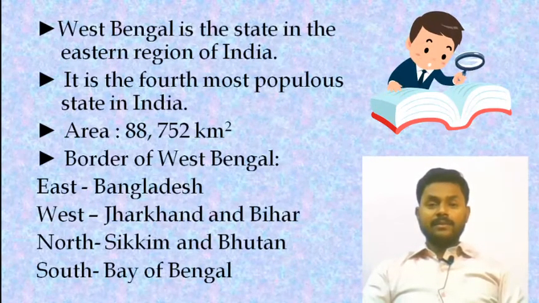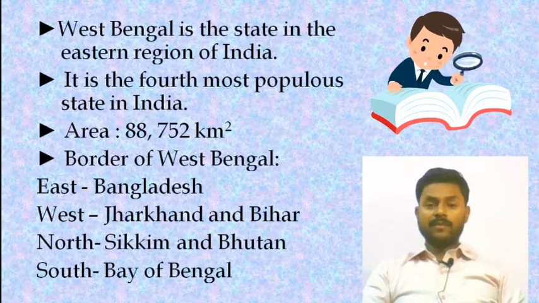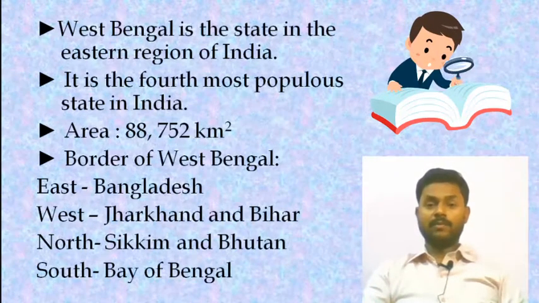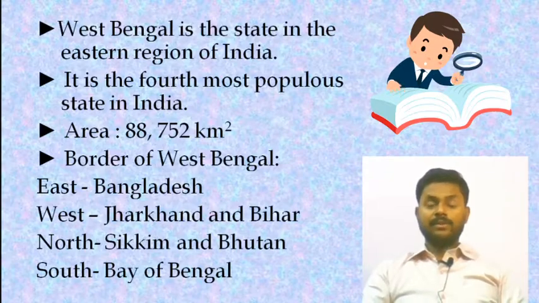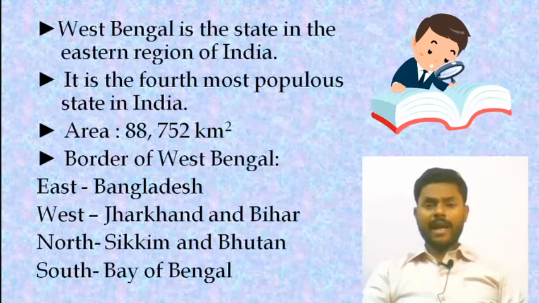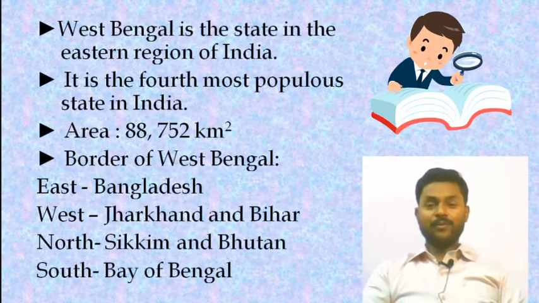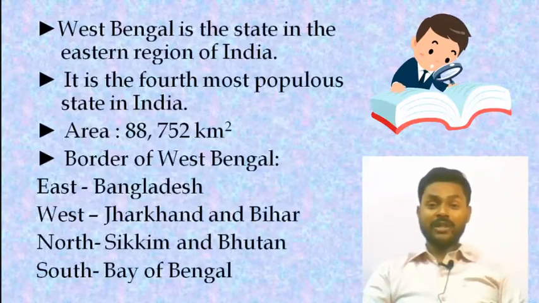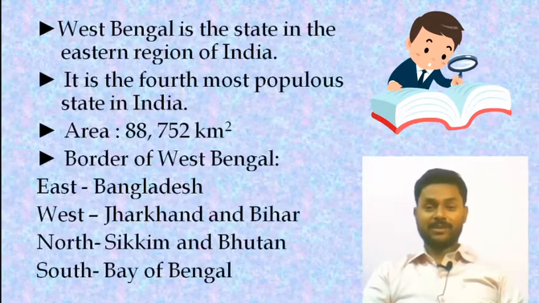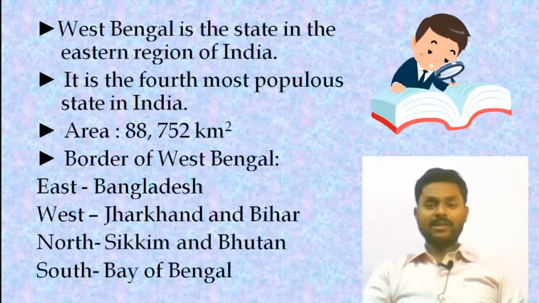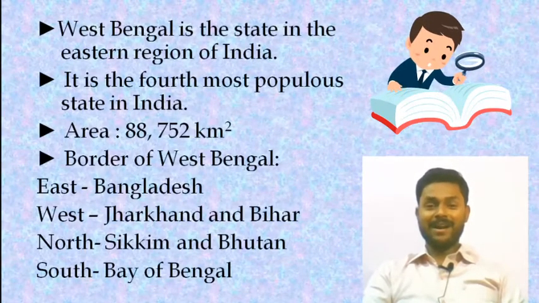Now we will know about the border of West Bengal. In the east side of West Bengal there is Bangladesh. In the west side of West Bengal there is Jharkhand, and one more state also in the west side, that is Bihar.